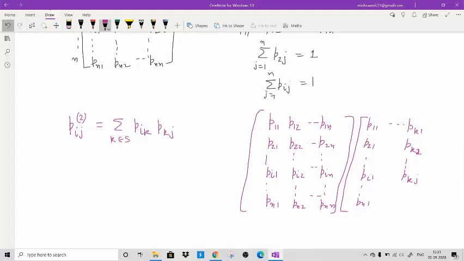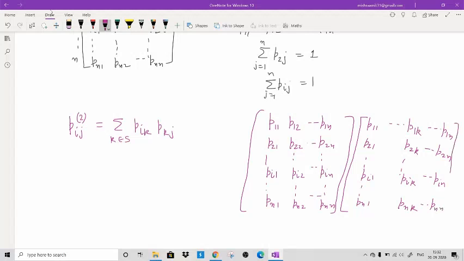This is wrong. It should be P1k, P2k and Pik, and then Pnk, and at last this is P1n, P2n, Pin and this Pnn.